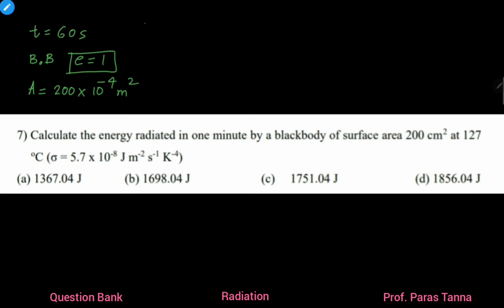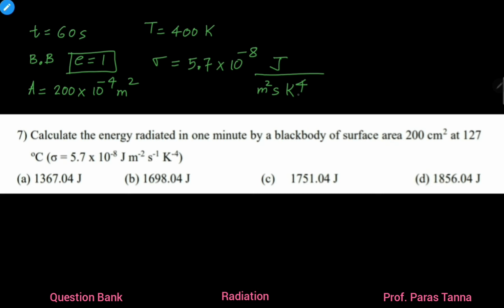Its temperature capital T is 127 degrees Celsius, that is 127 plus 273, that is equals to 400 Kelvin. The value of Stefan's constant sigma is given as 5.7 into 10 raised to minus 8 joule per meter square per second per Kelvin raised to 4.